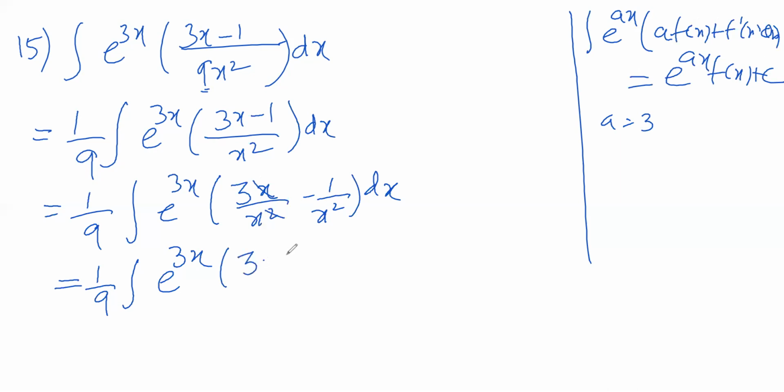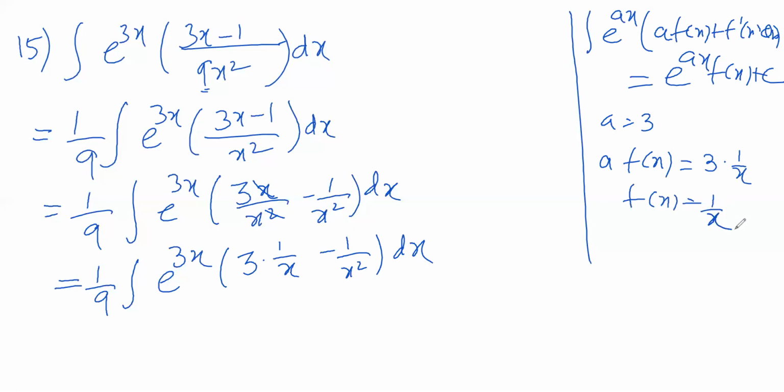This 3 by x I am writing as 3 into 1 by x minus 1 by x squared dx. Here it is a into f of x, this is 3 into 1 by x, so f of x is equal to 1 by x. So what is f dash of x? Minus 1 by x squared.